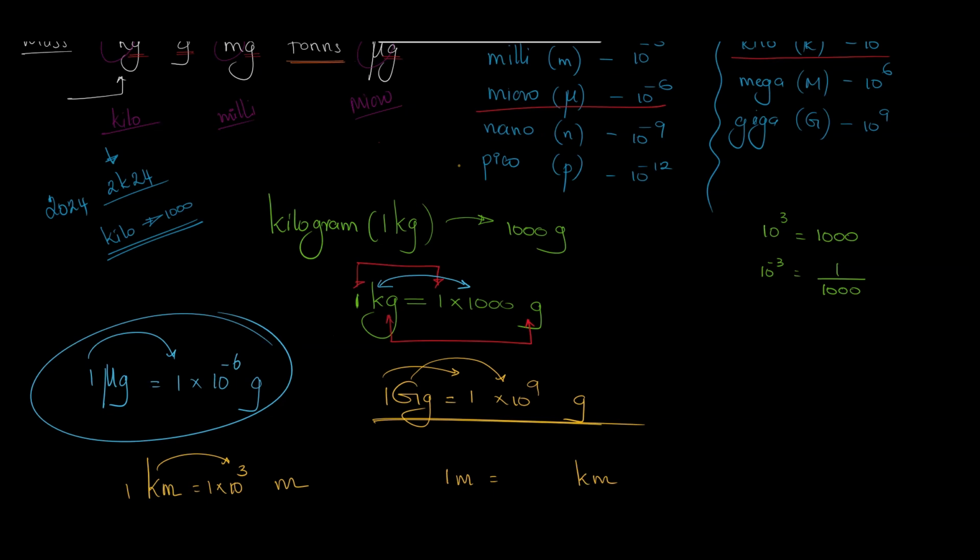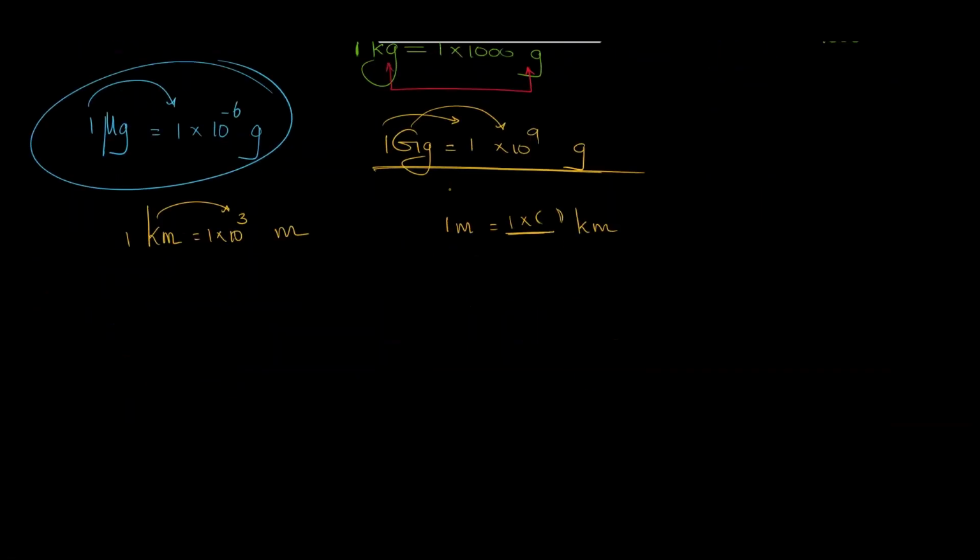So in these cases, what we will do is we will substitute the suffix on the right side. So we have kilometers, perfect. I do not know what value I'm going to get, but I'm pretty sure this is 1 times some value, right? So what I can do is divide on both sides by k. So on this side, I'm going to have 1 meter divided by kilo on the other side.